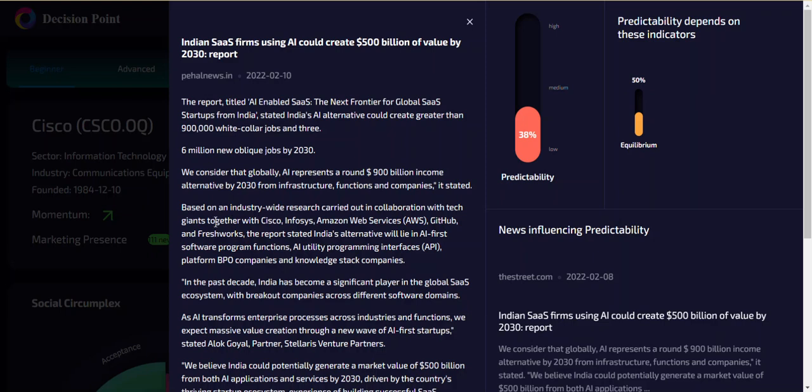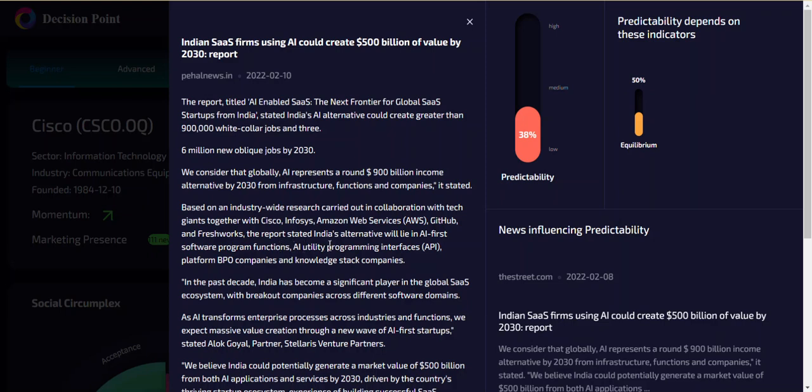And this is interesting. Based on industry-wide research carried out in collaboration with tech giants, together with Cisco, Infosys, Amazon Web Services. People don't know how big they are in that industry. GitHub and Freshworks.